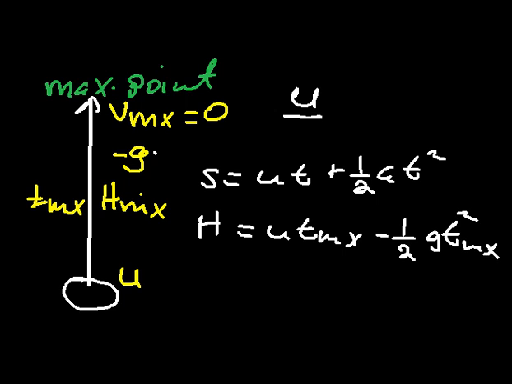So if we have the time and the maximum height, we can find the initial velocity using that formula as well.